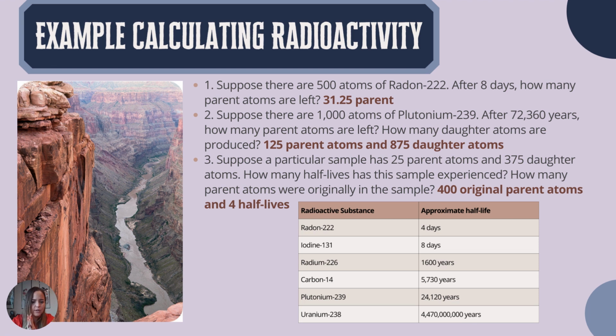You take 400 and keep dividing by 2 until you get to 25, and you get 4 half-lives. 400 divided by 2 is 200, that's 1 half-life. 200 divided by 2 is 100, 2 half-lives. 100 divided by 2 is 50, 3 half-lives. And 50 divided by 2 is 25, that's 4 half-lives.